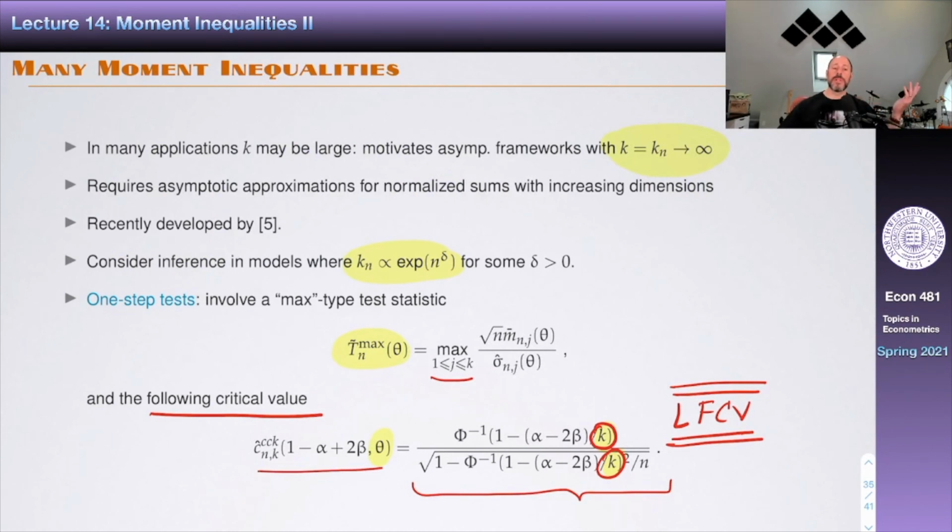And remember, go back to the revealed preference setting, where we discussed at the beginning where I was talking about the ATMs. And then we said, oh, in Pakes, Porter, Ho, and Ishii, they consider +1 and -1 because immediately you have many moment inequalities. And of course, at the time they were concerned about having too many moment inequalities because all these methods that were being developed were for fixed K, right? So you really needed a fixed number of moment inequalities.